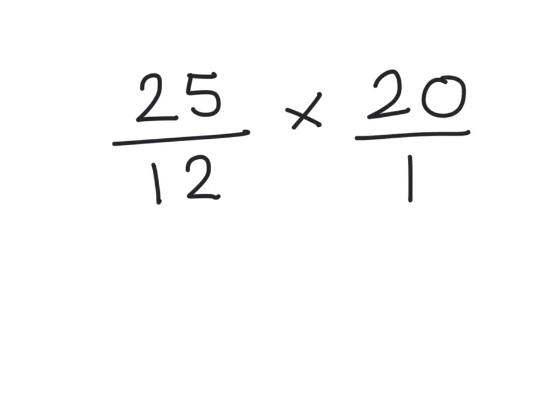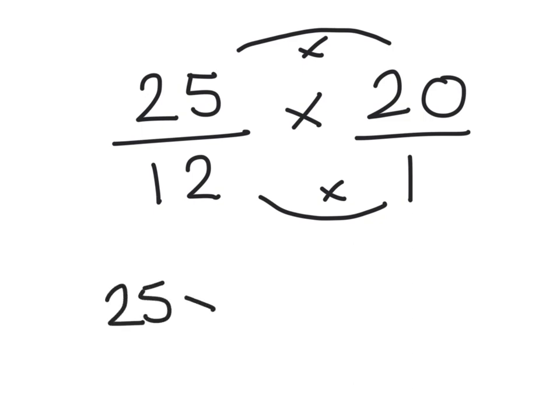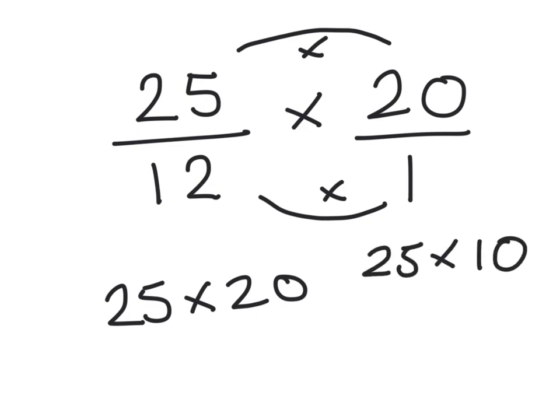Again, as with the NHS formula, we need to multiply the numerators together and multiply the denominators together. So our first calculation will be 25 times 20. Again, we can use mental arithmetic to do this. I'd suggest working out a nice straightforward one. 25 times 10 is 250.